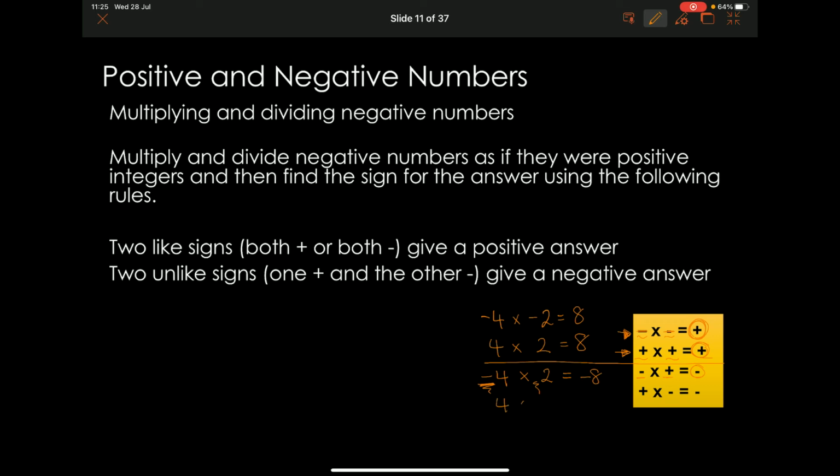The same if I did 4 times -2. 4 times 2 is 8, but it would be a negative answer because the signs are different. Okay? So if the signs are the same, you get a positive answer, and if the signs are different, you would write the answer as negative.